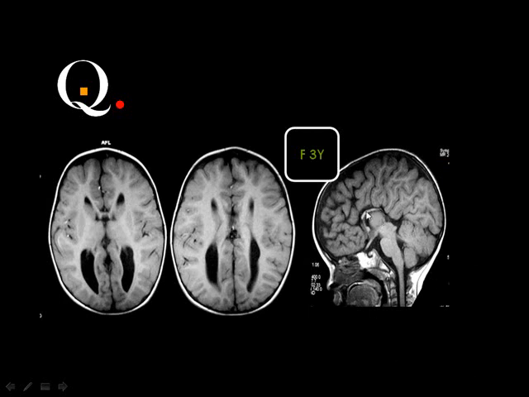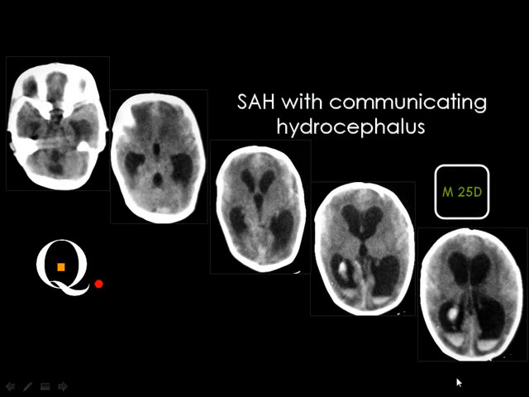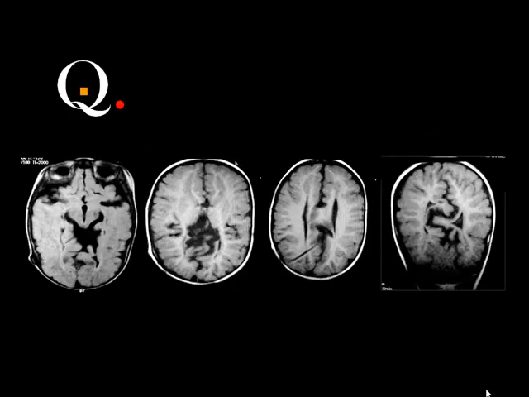There is a small part of the corpus callosum here, and you can see the classic configuration of the lateral ventricles. Intraventricular hemorrhage. Communicating hydrocephalus due to subarachnoid hemorrhage with intraventricular extension.